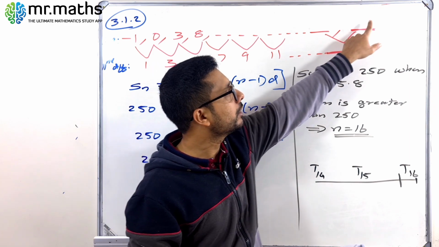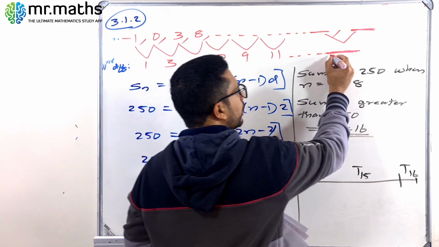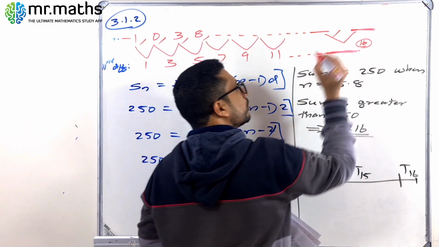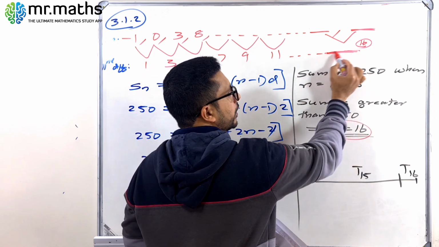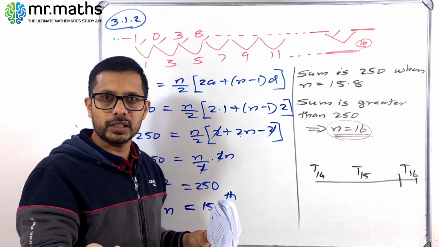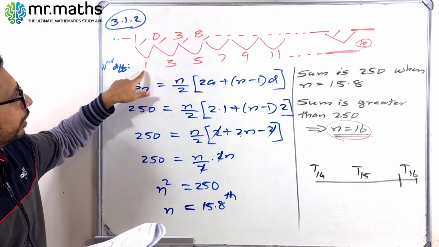That means we have to find which term is this one. We know that this one is the 16th term. From here we got that the 16th term gives the sum of the first differences as greater than 250. Now look at this one. How do I get this?